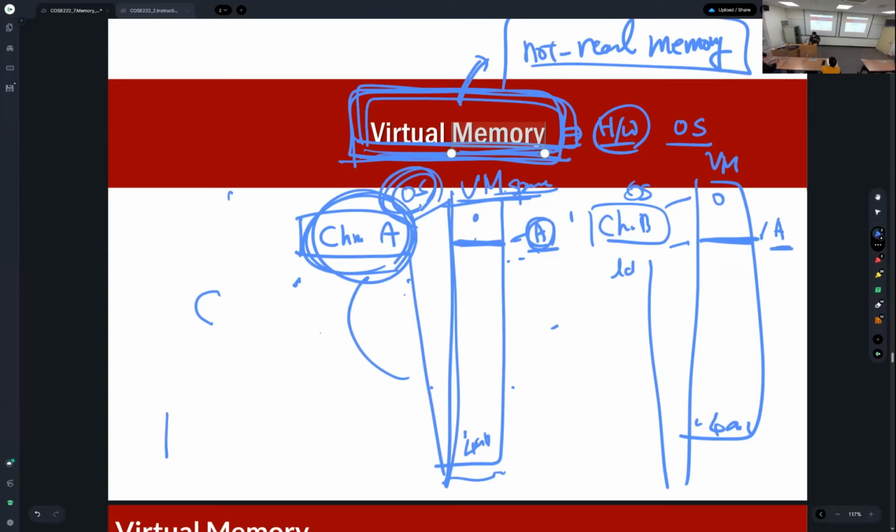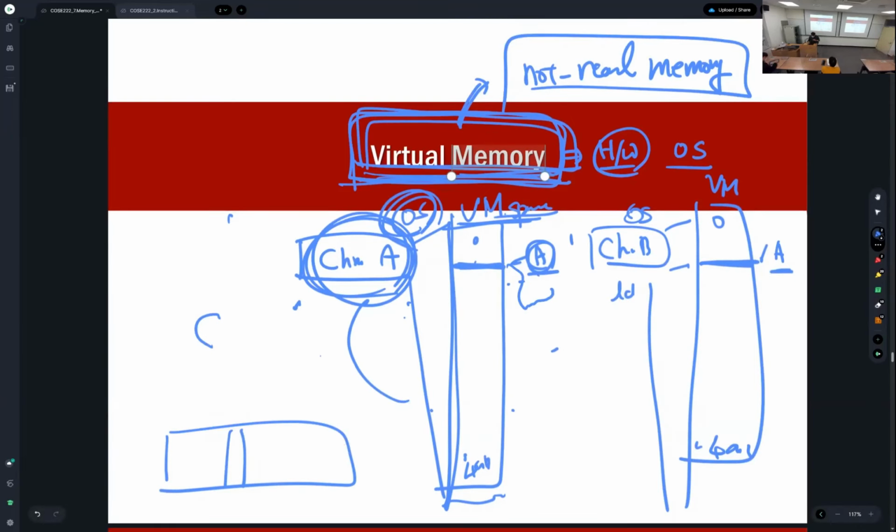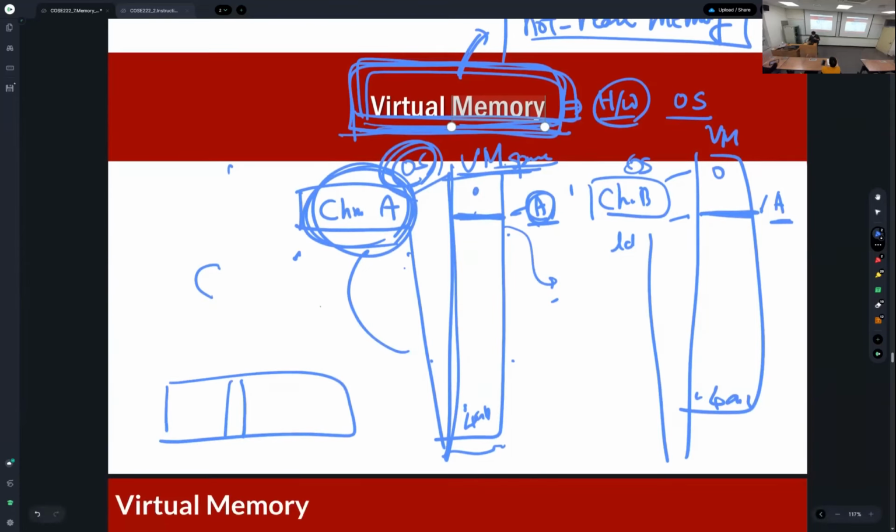in reality, because this data should be found in the real physical DRAM, this address is translated into a different physical address. So even though this address is the same for Chrome A and Chrome B, the data is different.